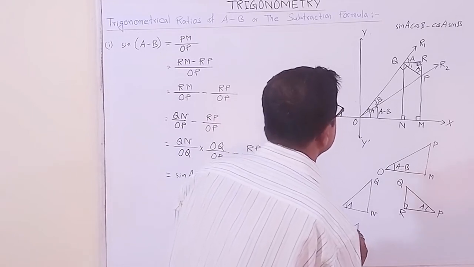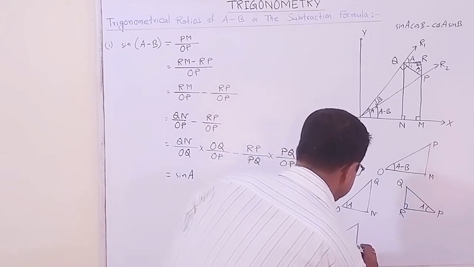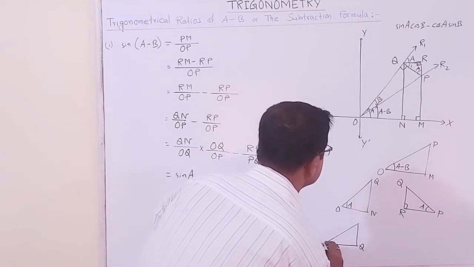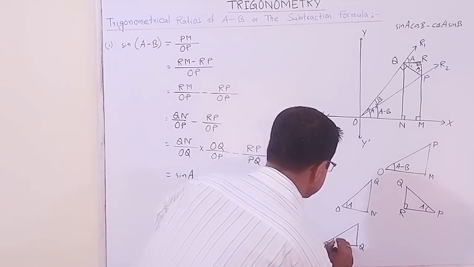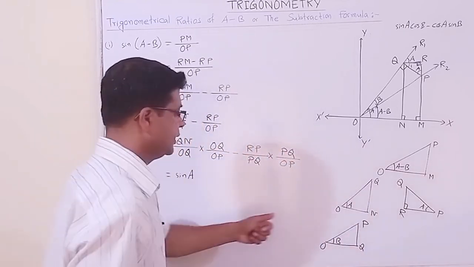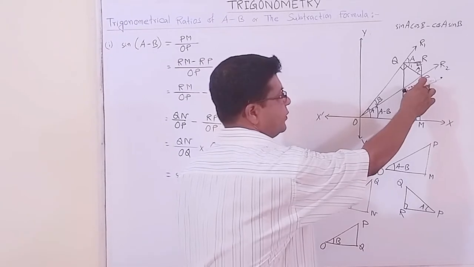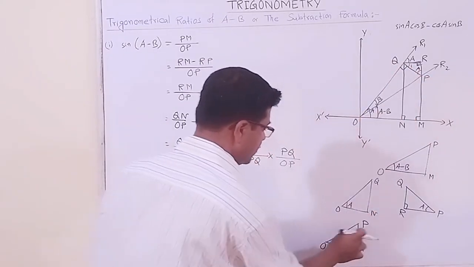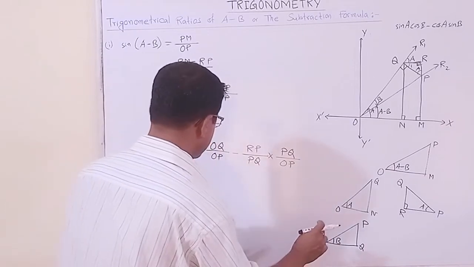Here Q is 90 degrees, and this is O, its measure is B, and this is PQO. Okay, you see, in this triangle we are considering this smaller one. If you do not understand, PQO. Here we have drawn it so that you can understand easily.